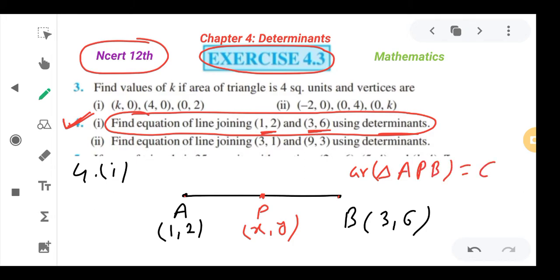I can say that, right, because these are collinear, so there will be no area for this triangle APB. The area of triangle APB will be 0, because A, P, B are collinear, so I am going to use this theorem.